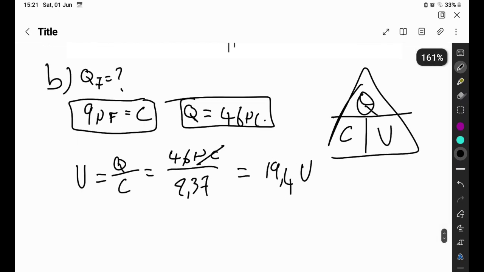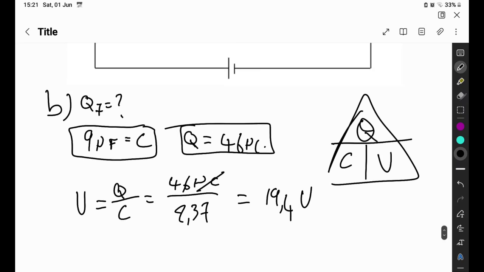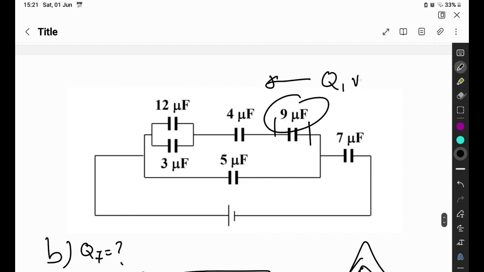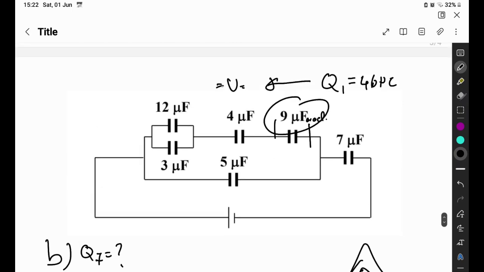So we calculated the voltage, which we got was 19.4, right, for the voltage above here. So the charge is 46 microcoulombs, this is farads, and then the voltage is 19.4.